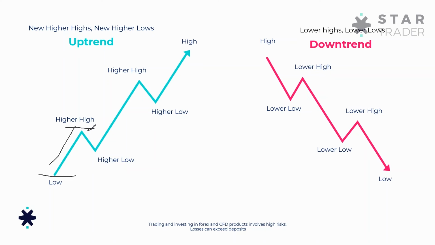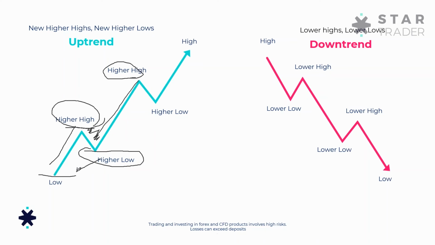Any correction that happened here, it's fine. And then prices went up again, recording a higher high. So this higher high most likely will indicate an uptrend. But we also have to look at the lows. When we're looking here, we have this low price here.